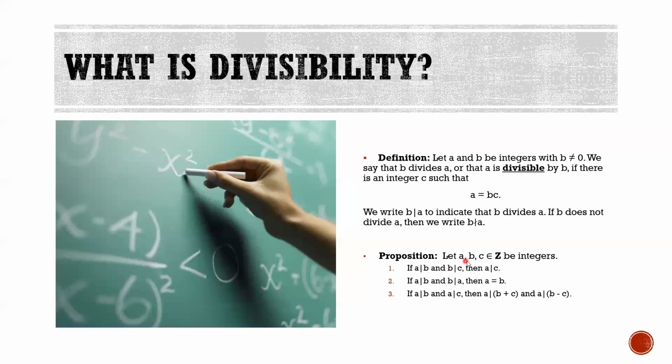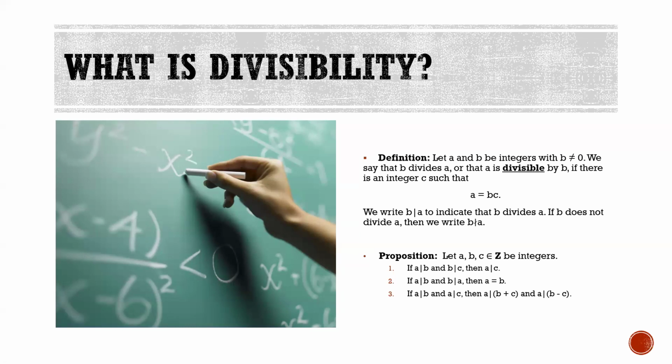Notice again, A, B, and C are in Z. I'm going to start dropping the "let them be integers" and just write this notation, because you should know this at this point in time. If A divides B and A divides C, then A divides B plus C and B minus C. All that should be like, I got that. It's not new, it's not fancy.